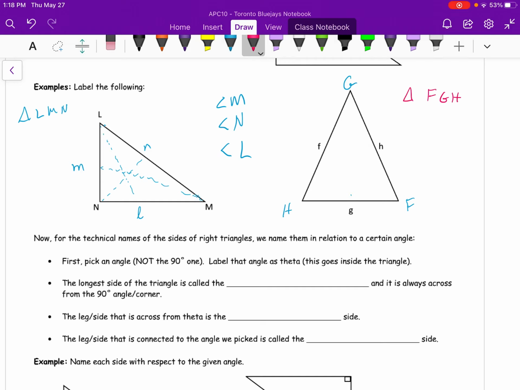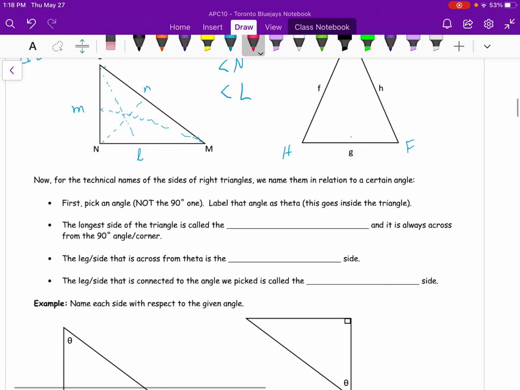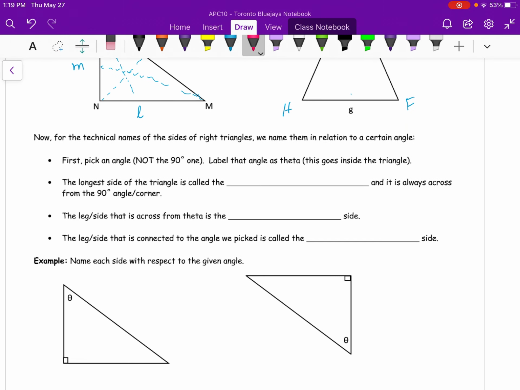So for the technical names of sides of triangles, specifically we're going to look at right triangles. We have to pick an angle theta, and I'm just going to explain how I would label a triangle. I notice this is a right triangle. It is a right triangle because it's a square. Now this square implies that it's 90 degrees. You have seen this many times before.